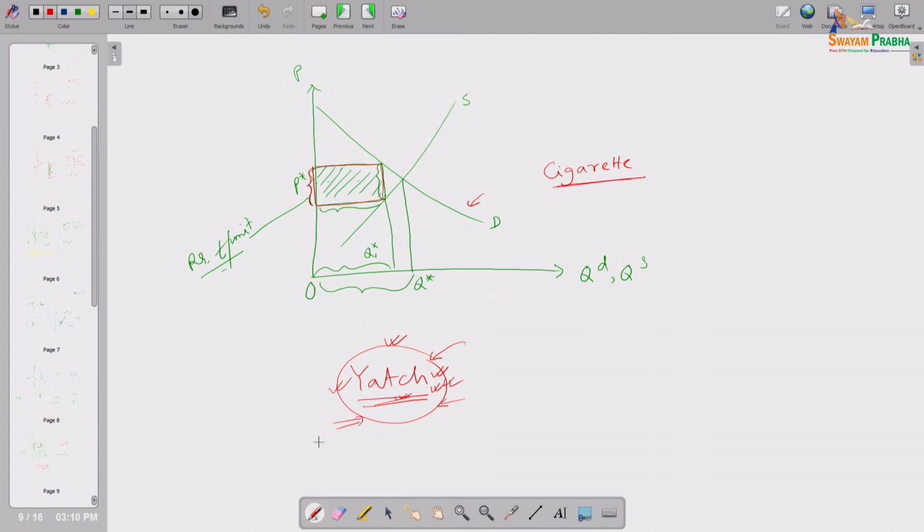Yacht making factories, right, where a lot of poor people, a lot of the working class, are getting employment in the yacht making industry, their demand for the product will come down, and those people will lose jobs.